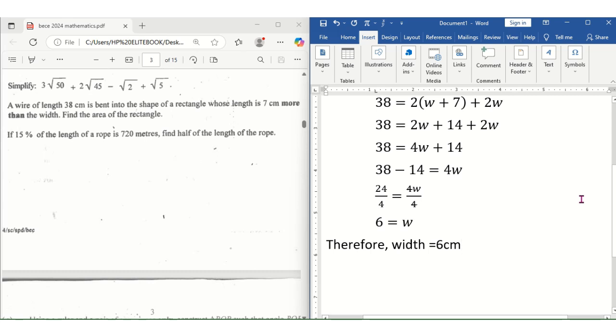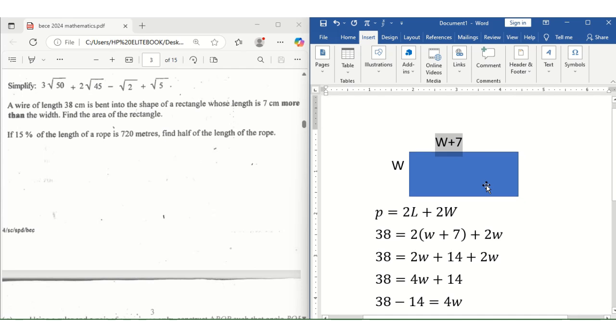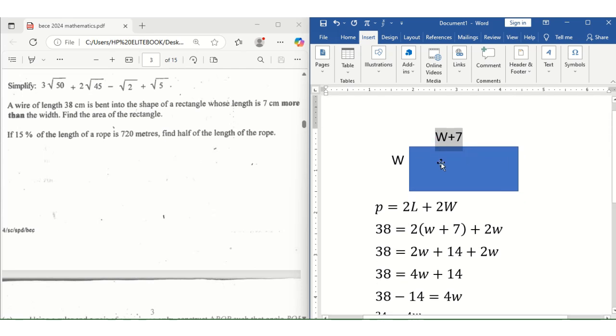All right, now that we know the width to be 6 centimeters, we need to find the length. So the length will also be equal to, as you can see from the diagram, w plus 7 is giving us the length.